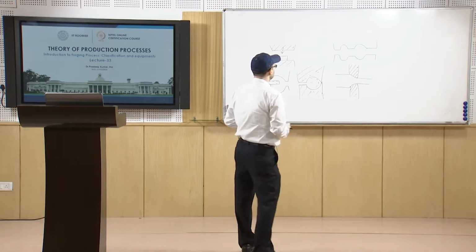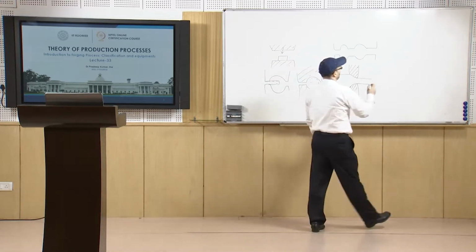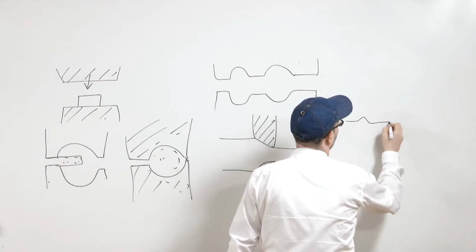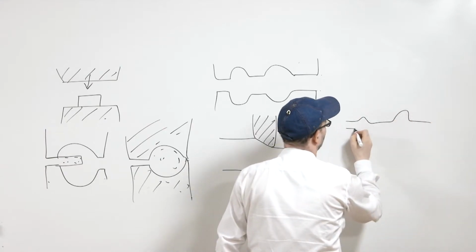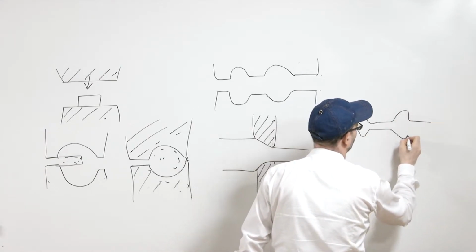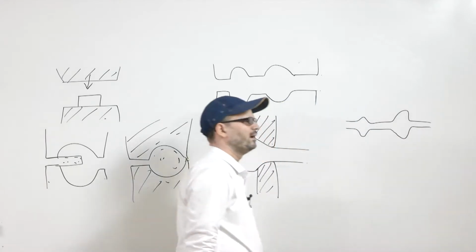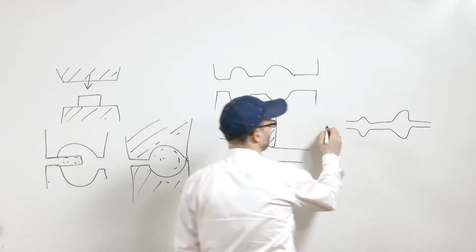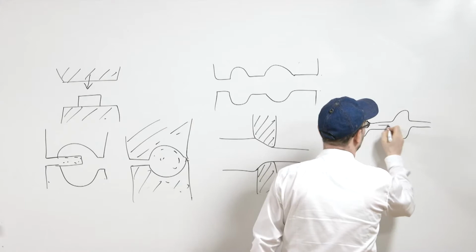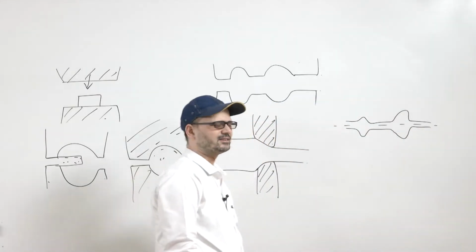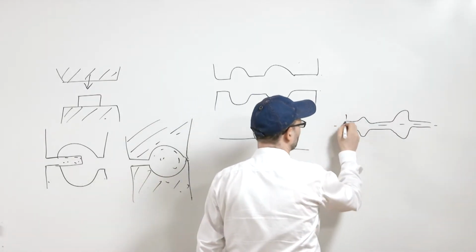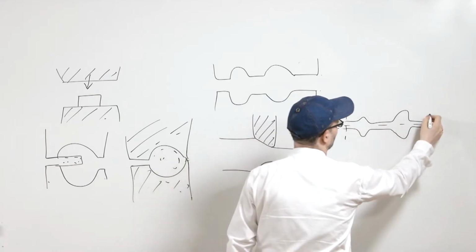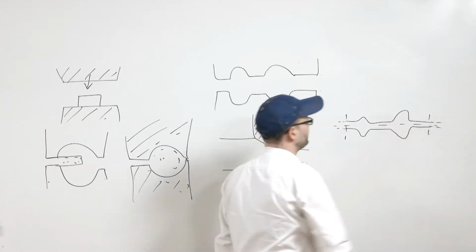So, suppose you have something like this type of material. Suppose this is the parting plane. Now, finally what we see is that you get some extra material in this side.